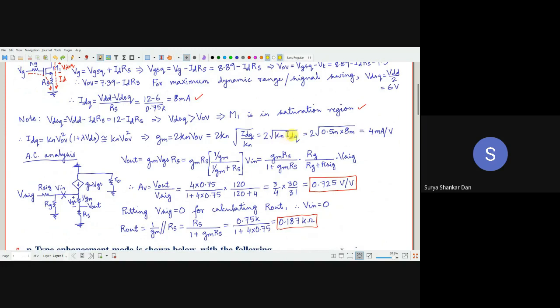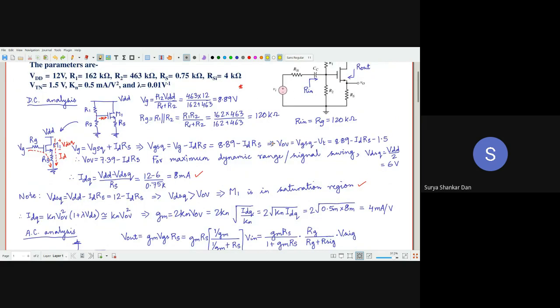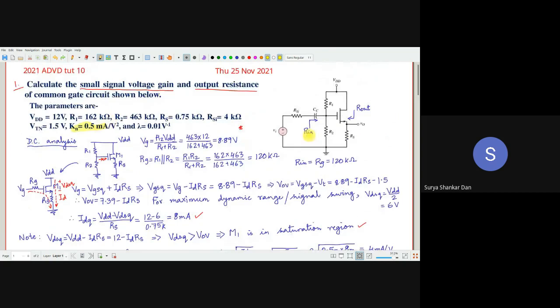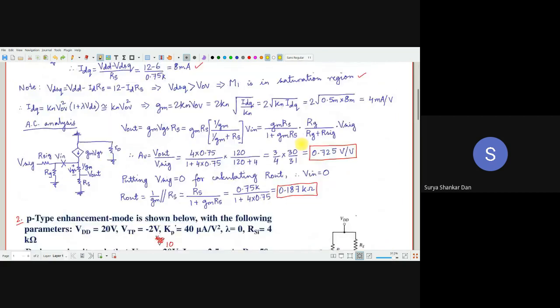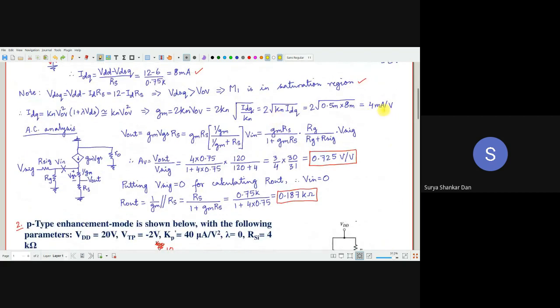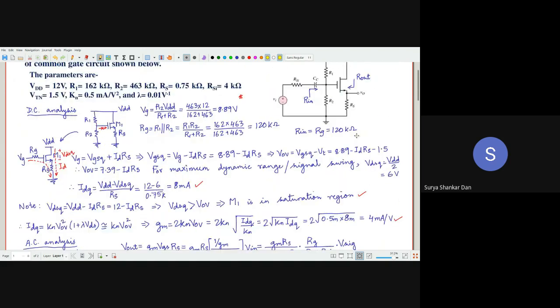IDQ is 8 milliamps, that is the value of IDQ which I've put. Kn is again provided in the question. Once we got this, the gm we have calculated as this one. So this gm is our main objective of the DC analysis.